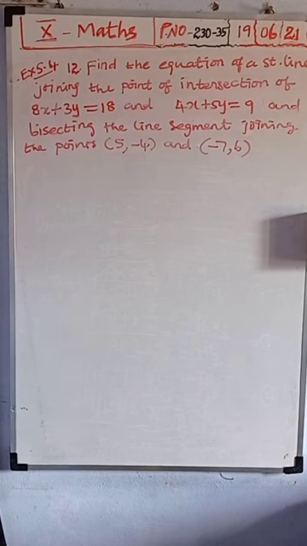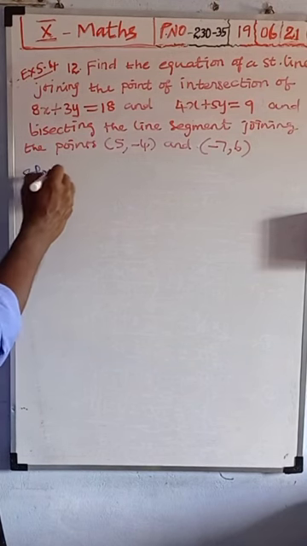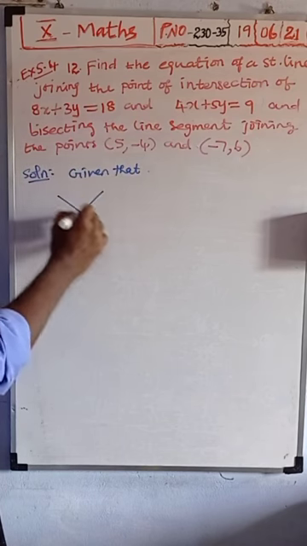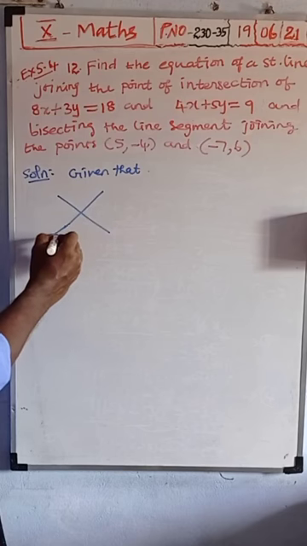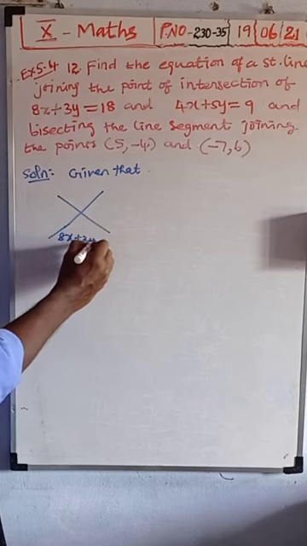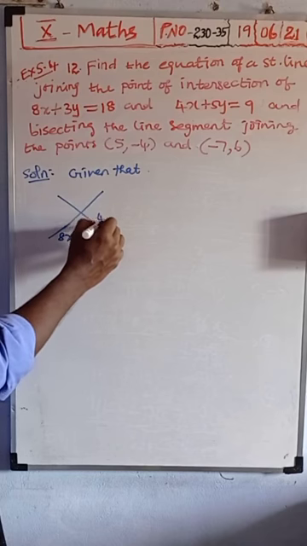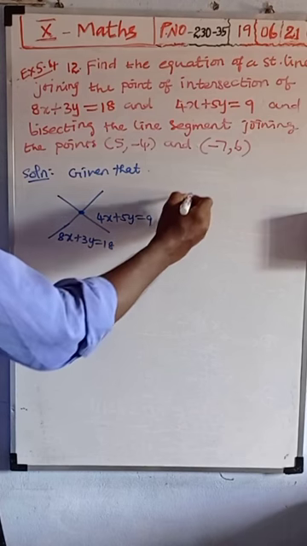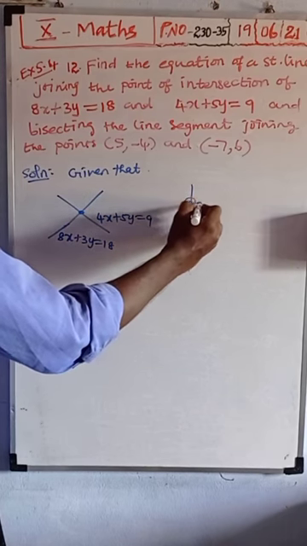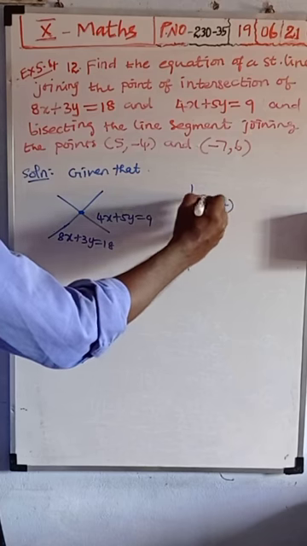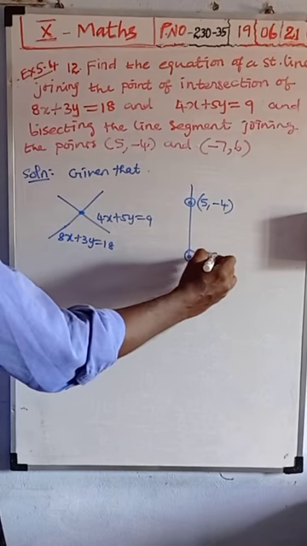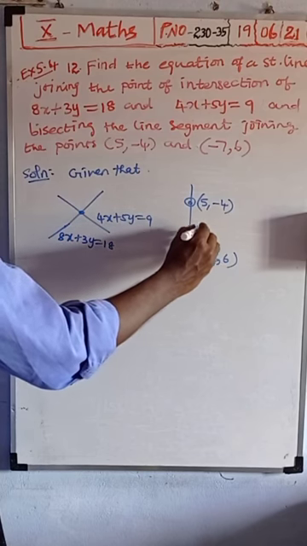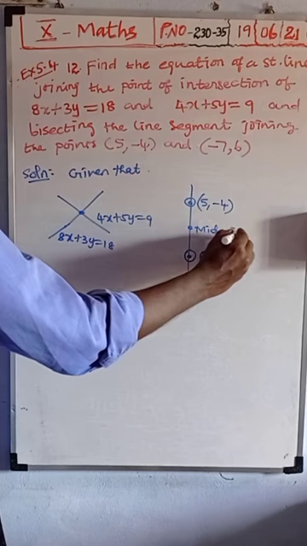Okay, see the solution. First you see, given that the point of intersection of the first equation 8x plus 3y is equal to 18 and the second equation 4x plus 5y is equal to 9 gives one point of intersection. And joining these two points, (5, minus 4) and one more point (minus 7, 6), it is bisecting, so we will get a midpoint.